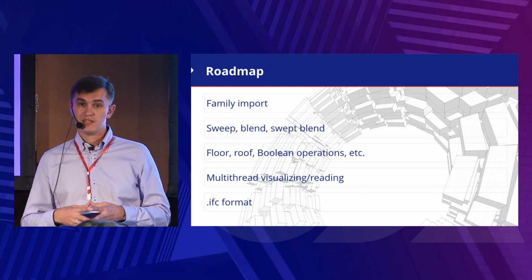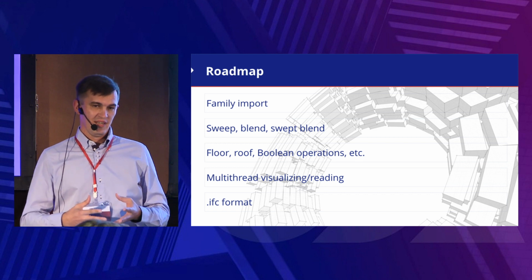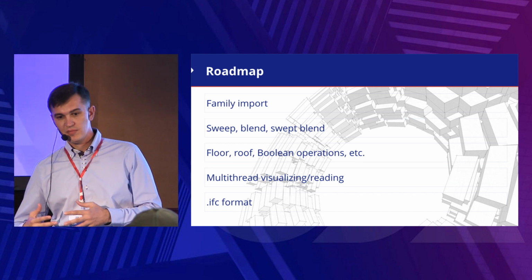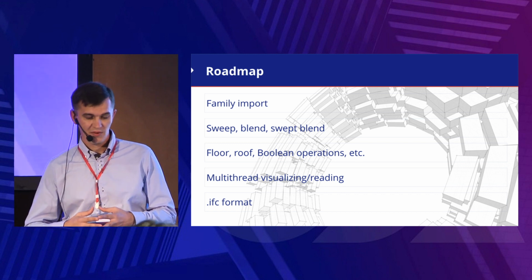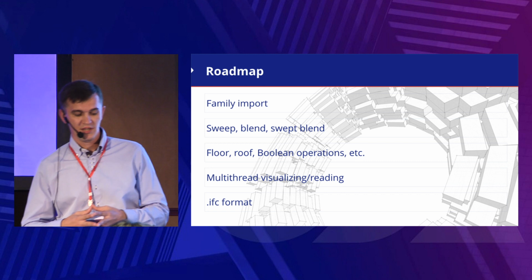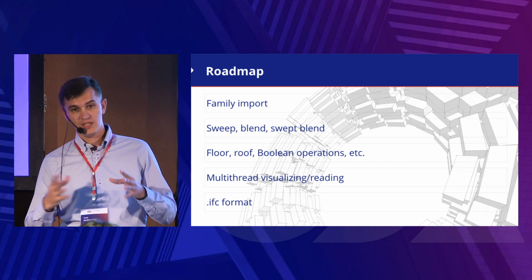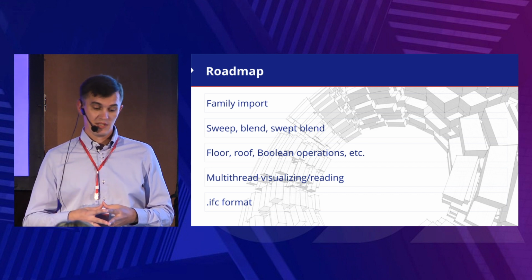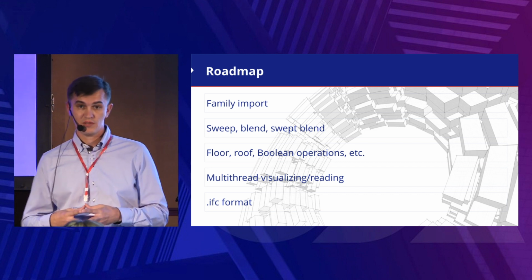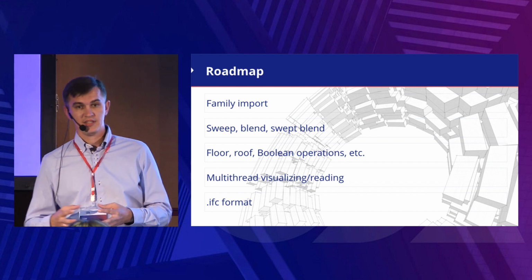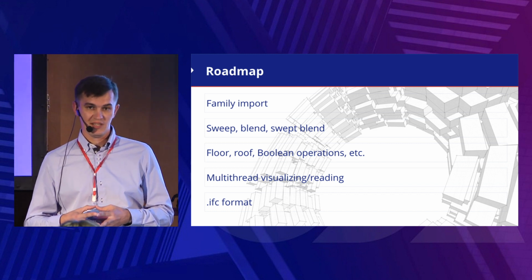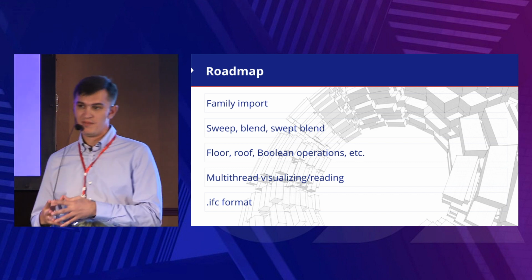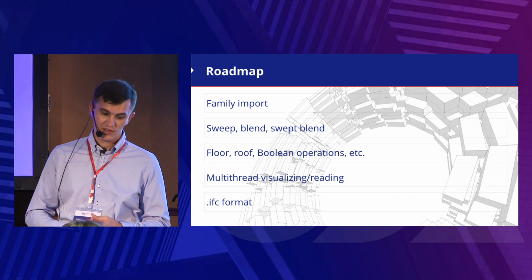This provides us the possibility to implement this procedure generally, but in the next step we will extend this functionality to work with any families. For families with parameters and with several family types, it is very important to be able to recreate the geometry of the elements inside. Because when you change the family type or parameters, the geometry must be recalculated.